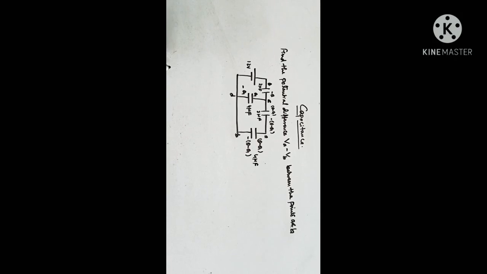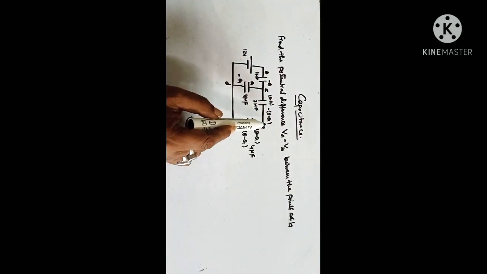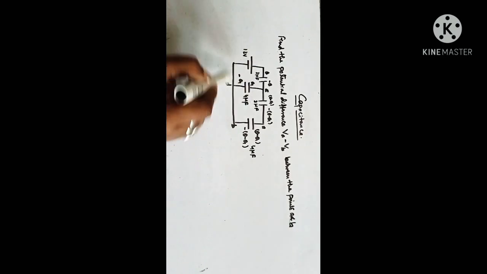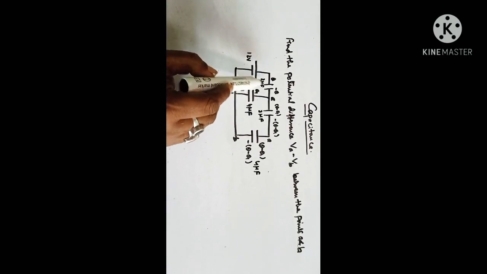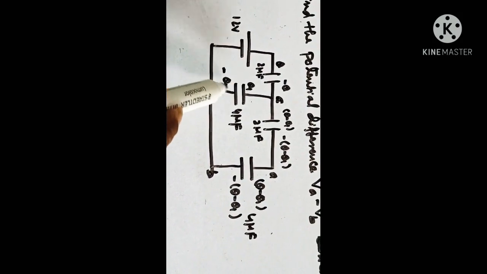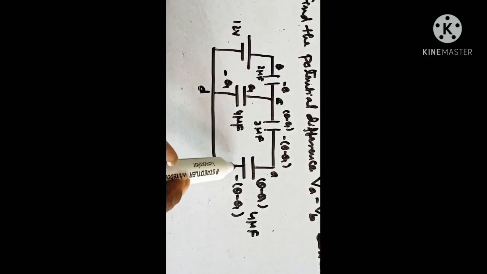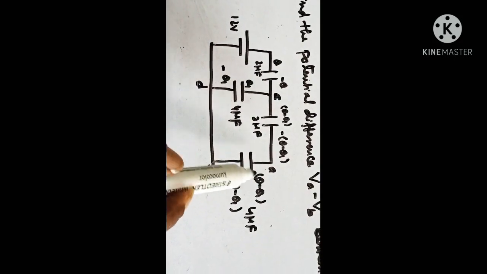So now see capacitance, we have to find the potential difference VA minus VB. So I have drawn this circuit. Now here Q1 and Q minus Q1, and these two are in series, so the same charge will be developed here, as I have told you earlier in the series connection.